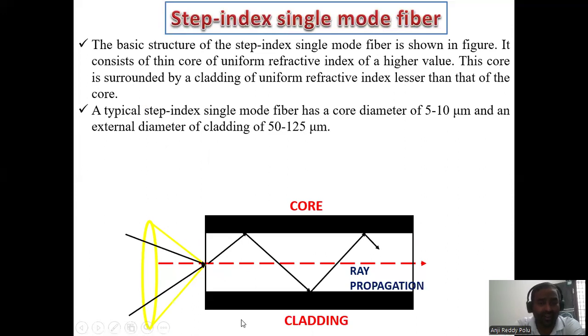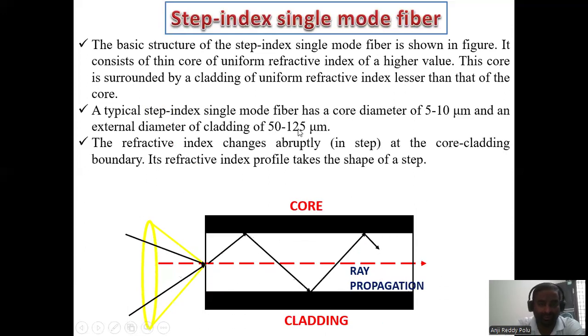The refractive index changes abruptly at the core cladding interface or boundary.